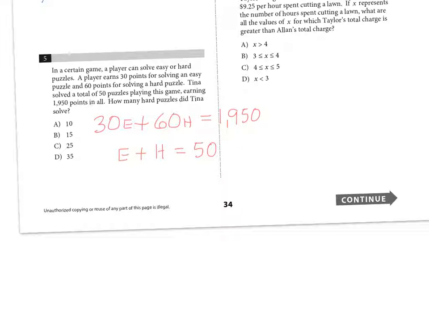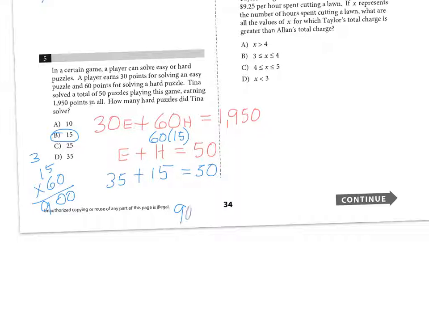Okay, well, let's try. Just because of time restrictions, we're going to go ahead and go with the answer, just so we can check that that is true. So this is supposed to be the number of hard puzzles, which is 15. So how many easy are we supposed to have so that the total is 50? 35. Okay, so let's see if that makes sense. If you have 15 times 60, how much is that? 60 times 15, 6 times 5 is 30, carry 3, 6 times 1 is 6 and 3 is 9, so it's 900.